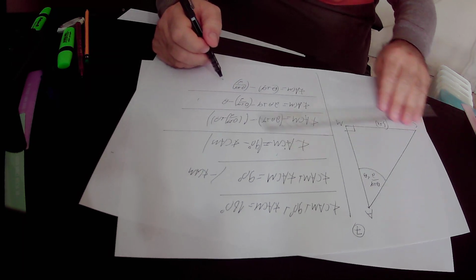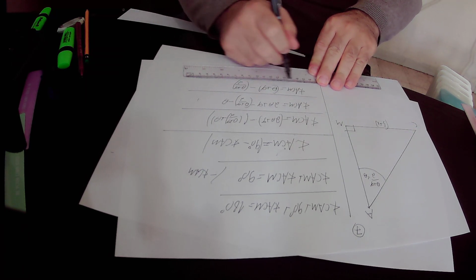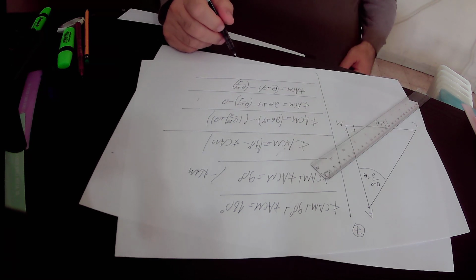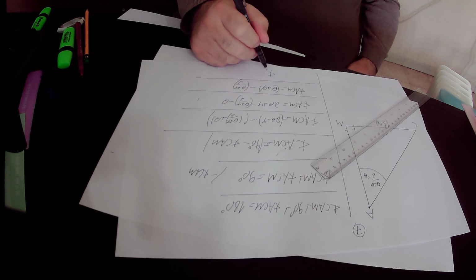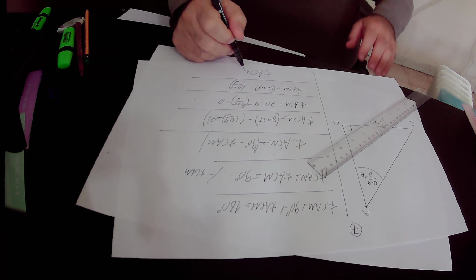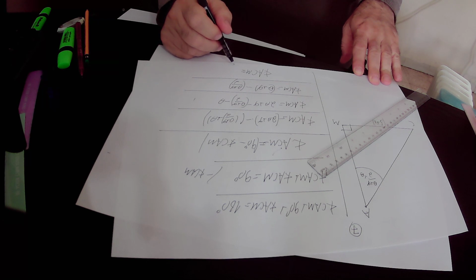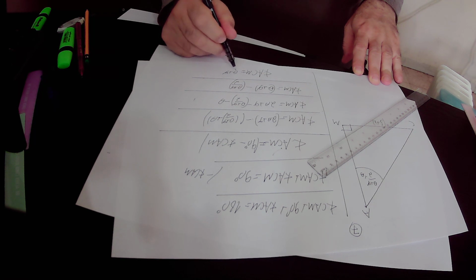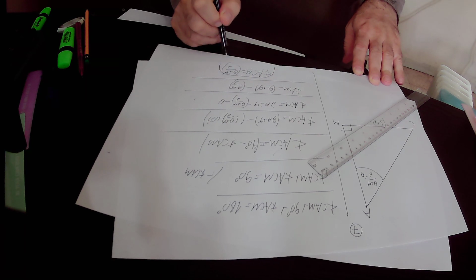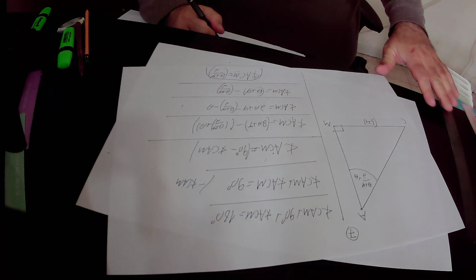So here theta plus alpha minus theta plus alpha over 2 will be equal to theta plus alpha over 2. Okay, so we found out that the value of angle ACM is equal to theta plus alpha over 2.